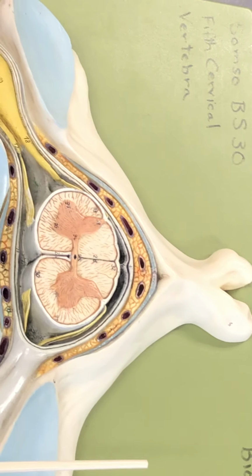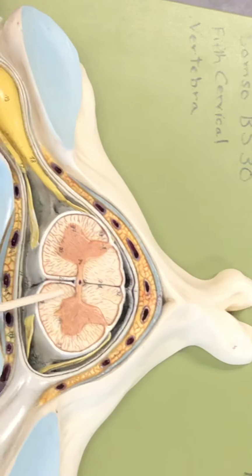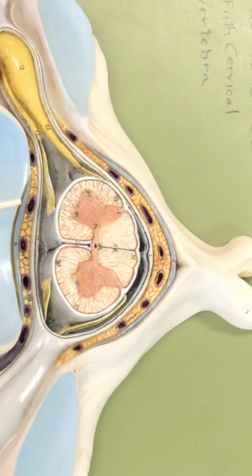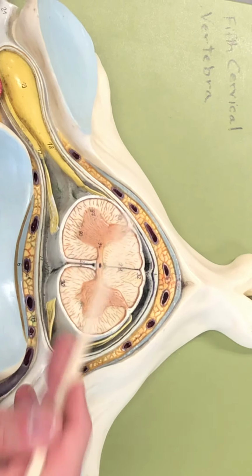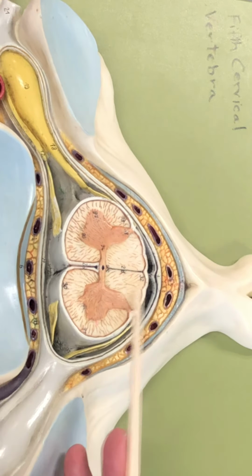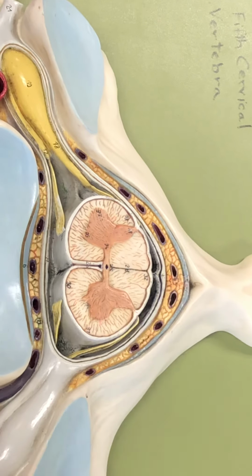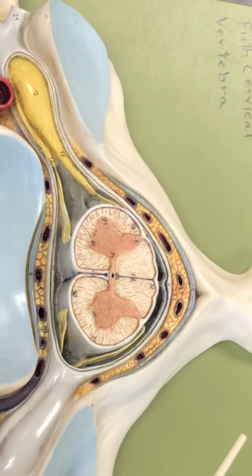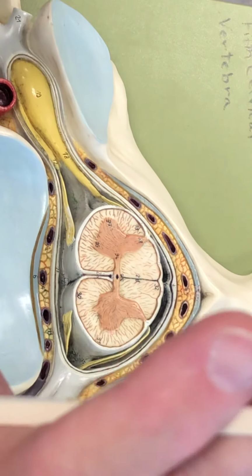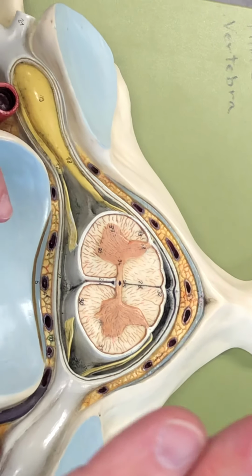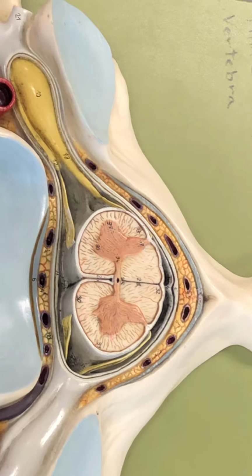Then the white matter is divided into columns. So we have the left and the right anterior or ventral white column, the left and the right lateral white column, the left and the right dorsal or posterior white column. So the white columns are predominantly made up of ascending myelinated axons and descending myelinated axons.